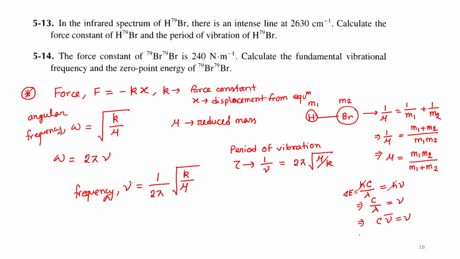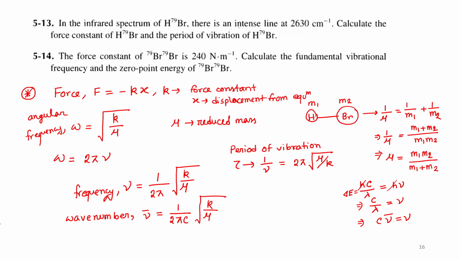So your wave number nu bar is going to be 1 by 2 pi c, where c is the velocity of light, root k by mu.